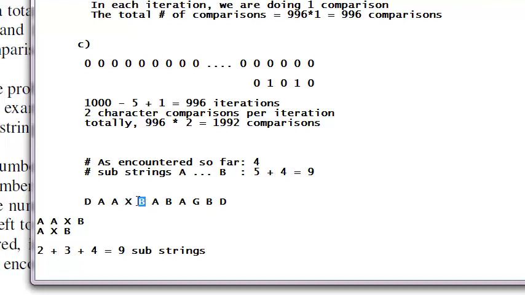So to start with, it is 0, and then once you see this, it is 0 plus 2, so 2 substrings. Then once you hit this B, it is 2 plus, you have seen 3 A's by that time, so 3 substrings. And then when you hit this B, you have seen 4 A's by that time, so it is 4 substrings ending at this B. So it is totally 9 substrings. Okay, so that's the algorithm.